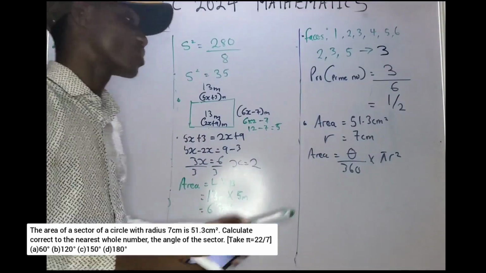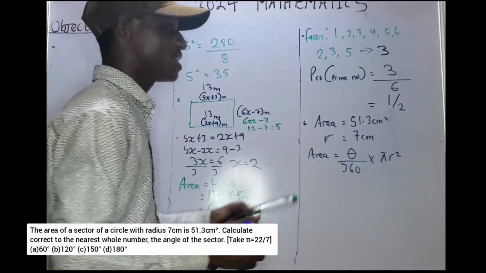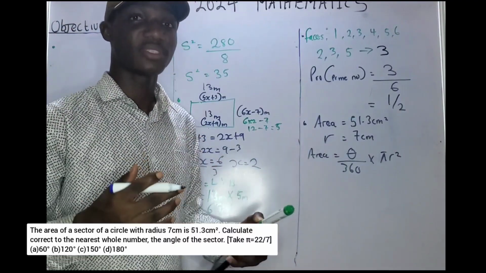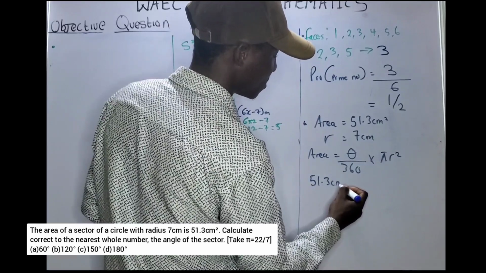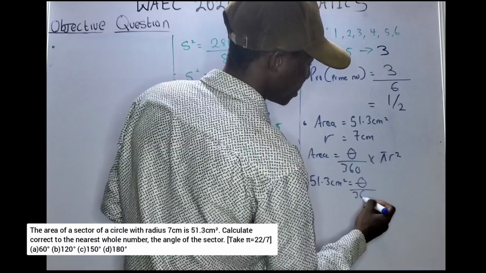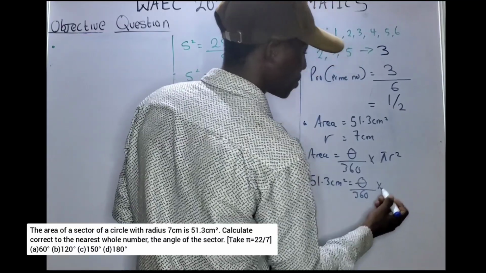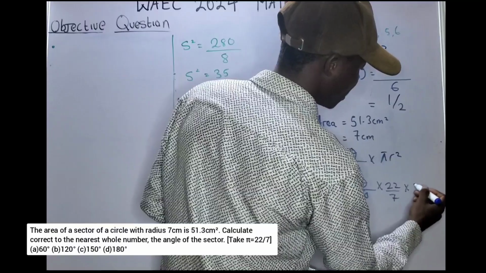We are asked to determine the angle, which is theta, you understand? And the area has been given as 51.3 cm squared. So 51.3 cm squared is equal to theta, which we don't know, over 360 multiplied by pi r squared. Pi is 22/7, multiplied by 7 squared.